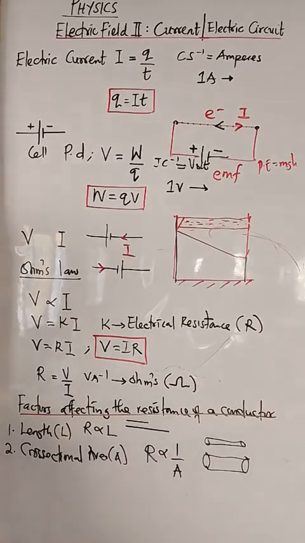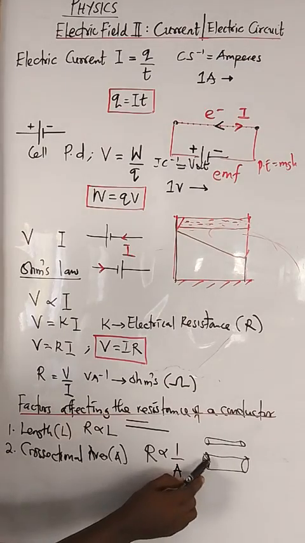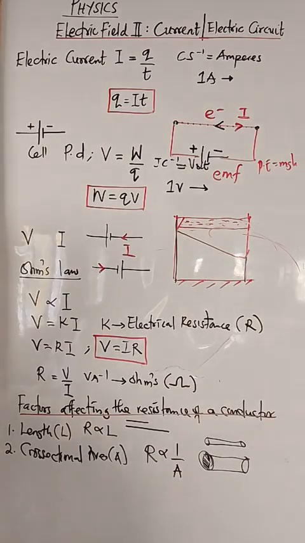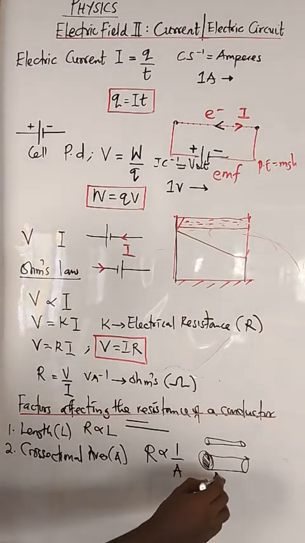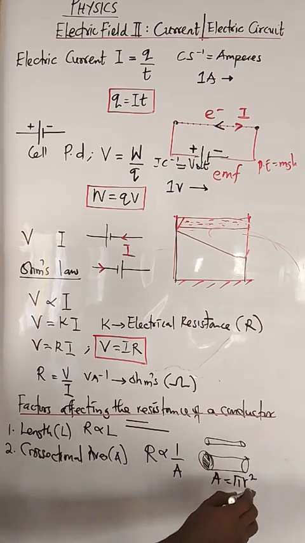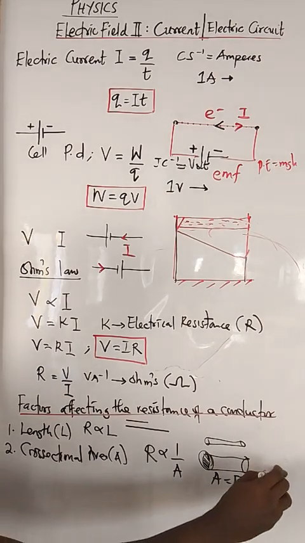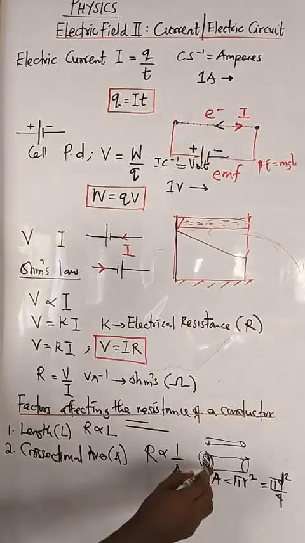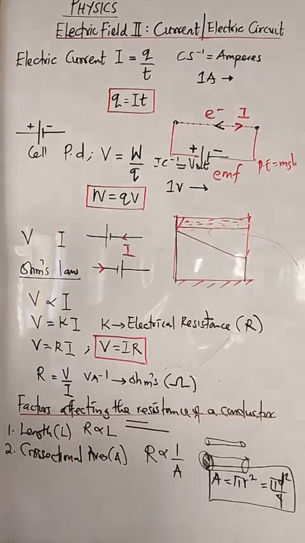This one will allow current to pass through easily. When we say cross-sectional area, we are talking about the area of the base. It is a prism, so in this case this area is the area of a circle. So our A here is actually pi r squared. In terms of diameter, pi d squared over 4. So that's the cross-sectional area.